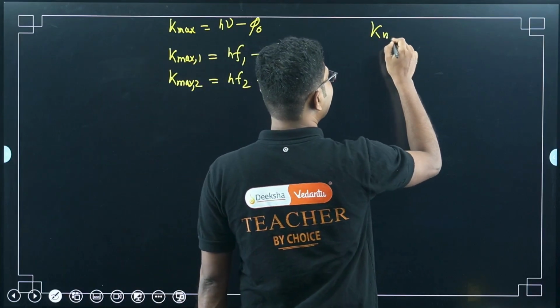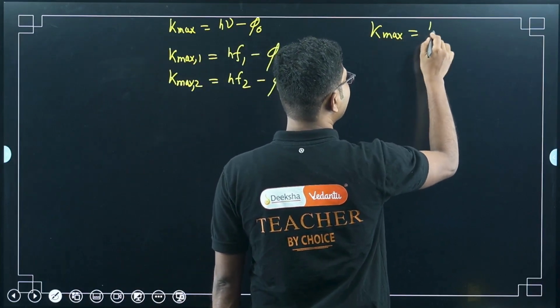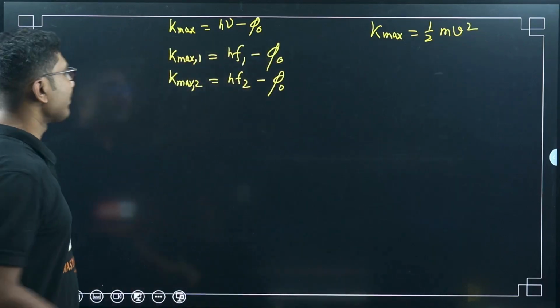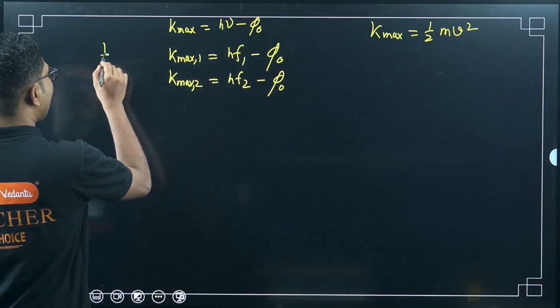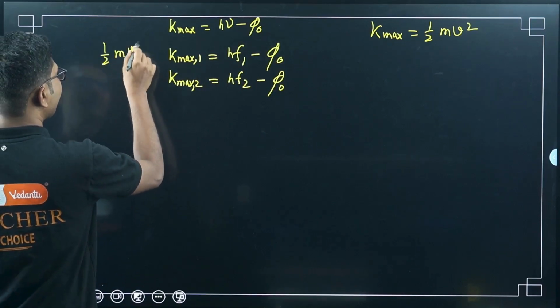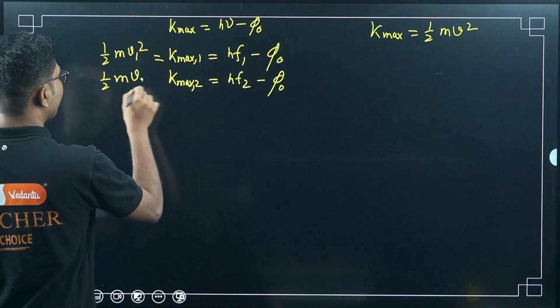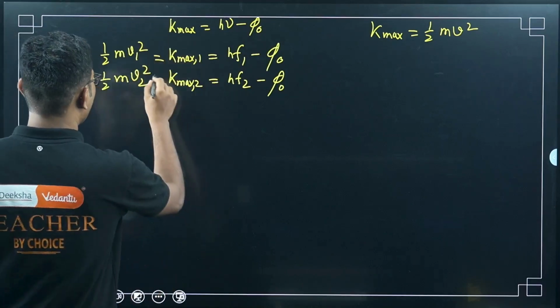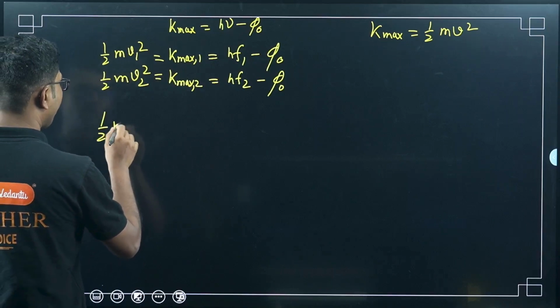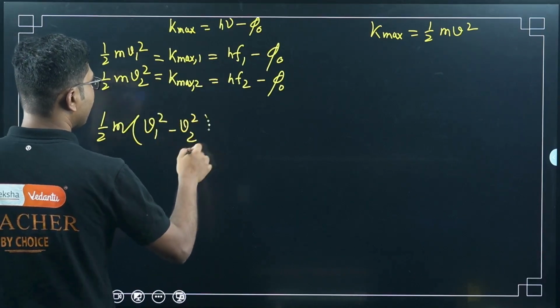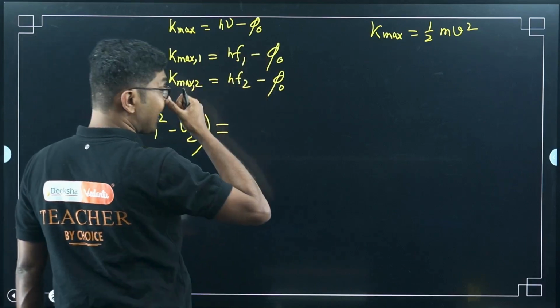So now again, what we know, K max is kinetic energy, maximum kinetic energy, and what is the formula for kinetic energy? Half m v square. So it will be half m v1 square, and it will be half m v2 square. Now just subtract them. So half m will be common, v1 square minus v2 square equals to, phi naught will cancel.